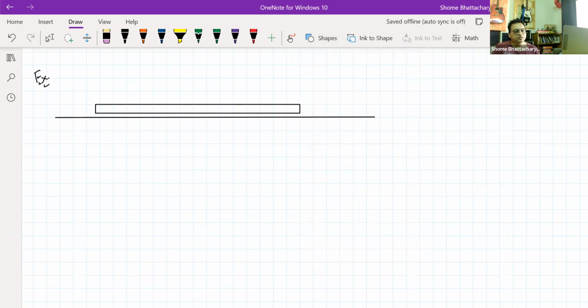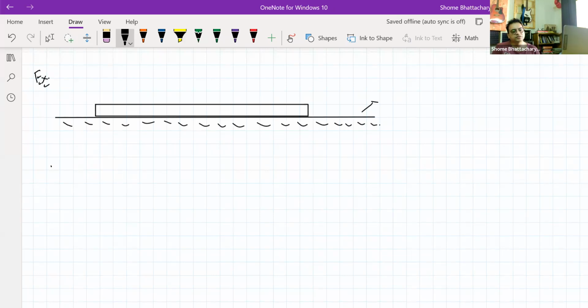Like we have something like, let's say, a wooden plank, which is lying on a frictionless floor, highly unlikely situation. The surface is perfectly smooth, but whereas the surface on this is rough. So it's a pretty long plank and a person is standing at one end.